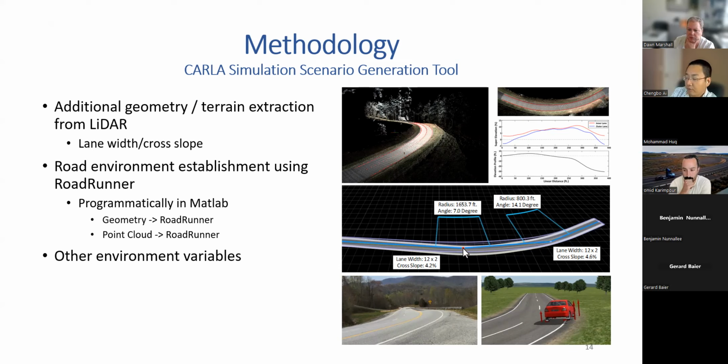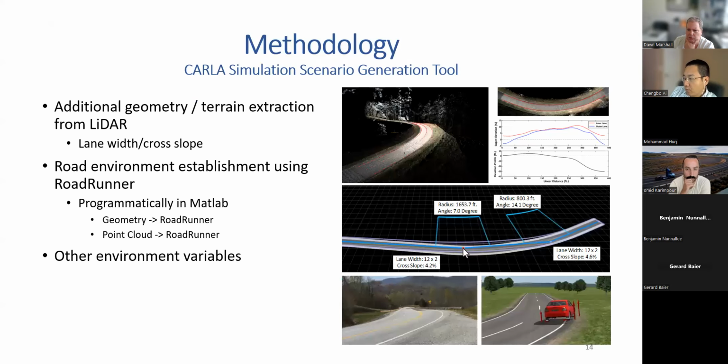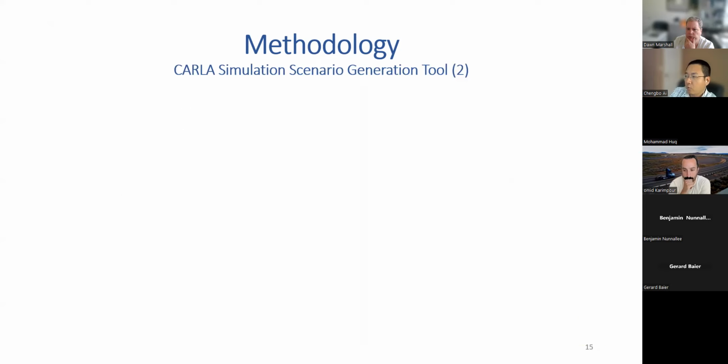Especially if you have the LiDAR data, which another project we're doing for mapping all the road furniture, but that's a different story. So for the second piece, now the road is built. As shown in the middle part, you have the entire road geometries, and then you want to import it into some kind of simulation scenario.